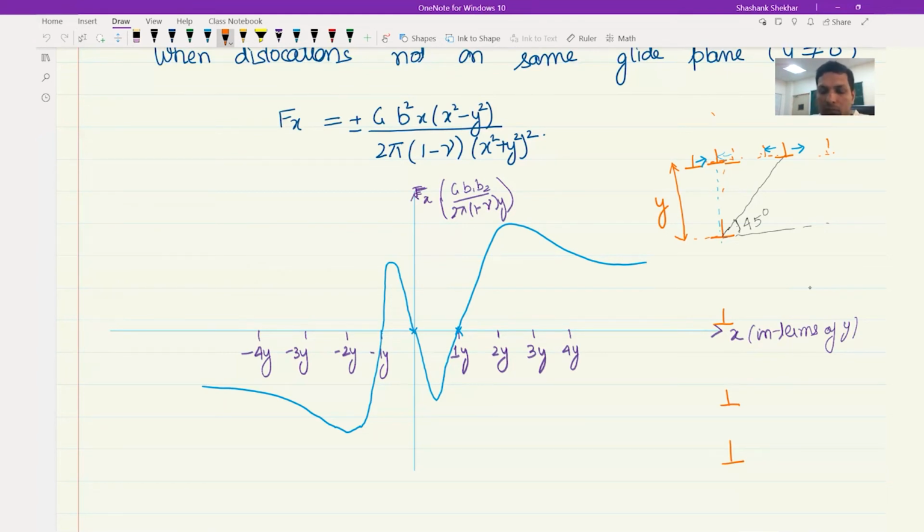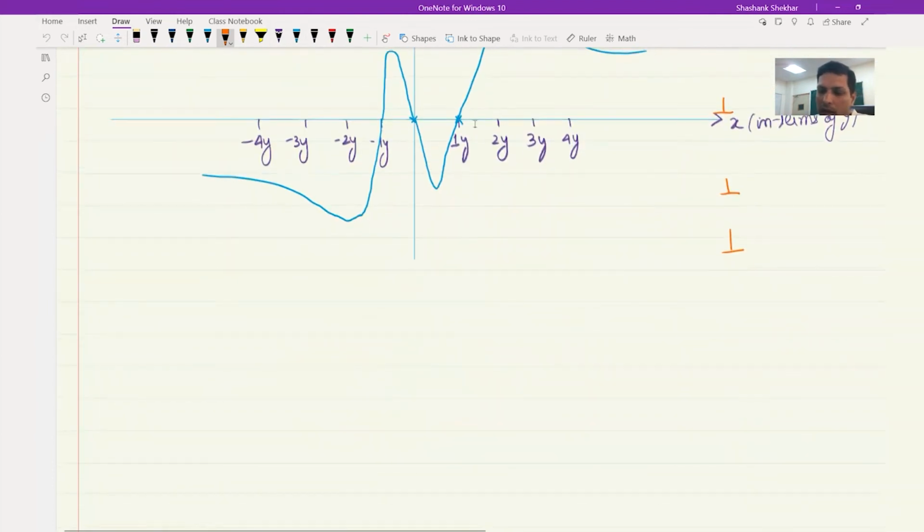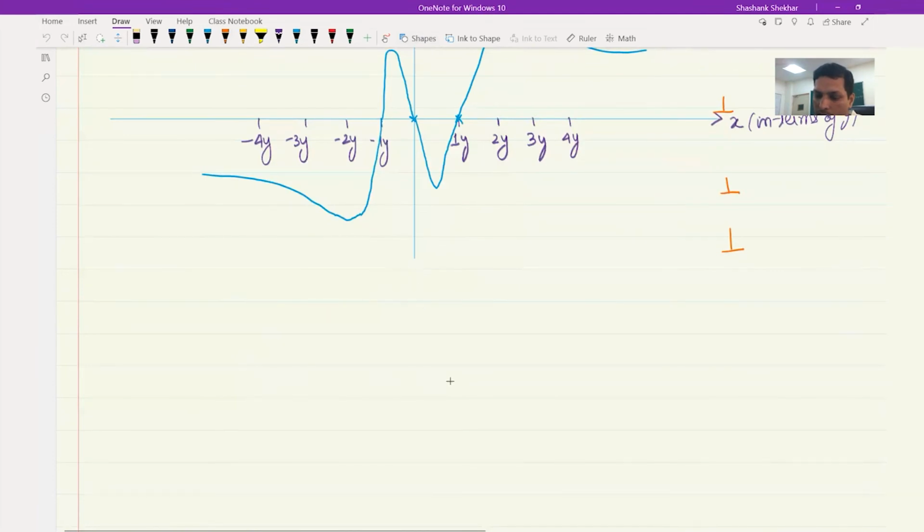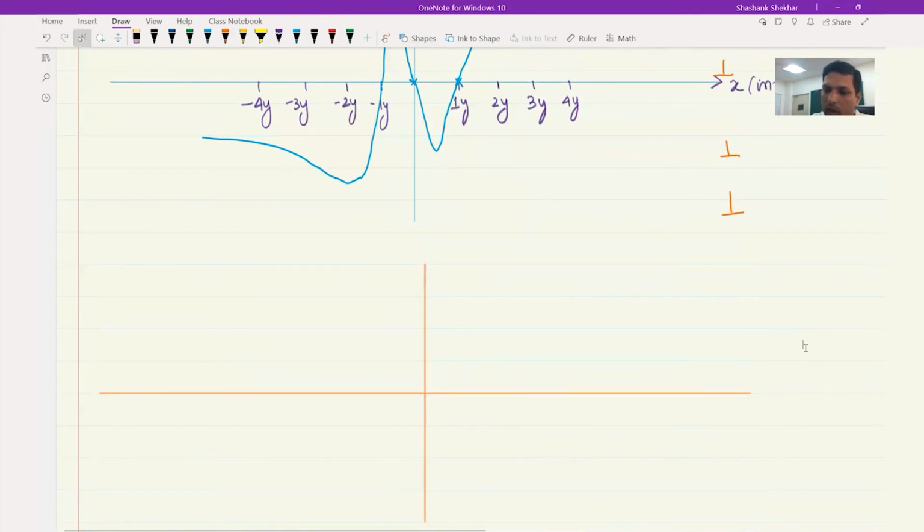But then what will happen if I have two dislocations with opposite sign, a positive and a negative one? Let's see, it will be very interesting. And what I will do is I will again plot this separately. I don't want this to get messy. And this time I will draw the dislocations in a different color. So again, the y distance is fixed.